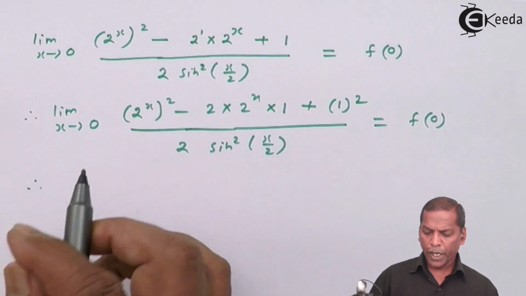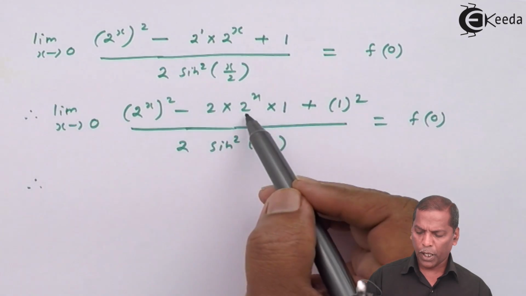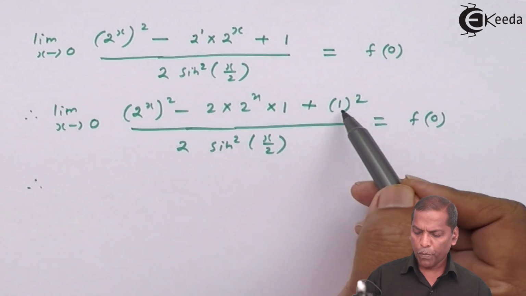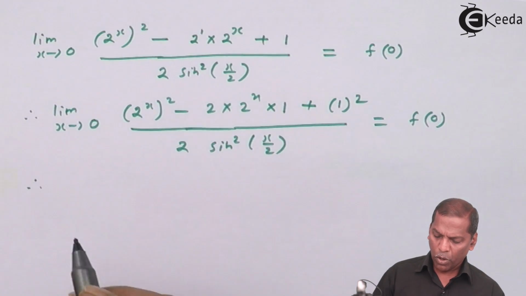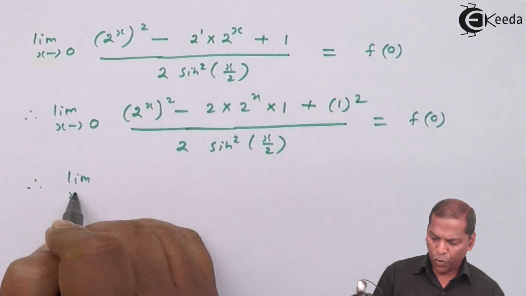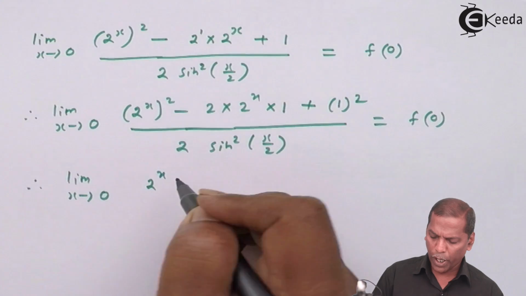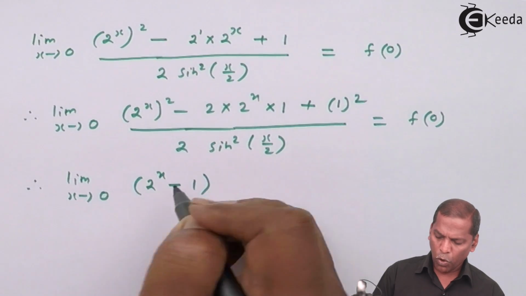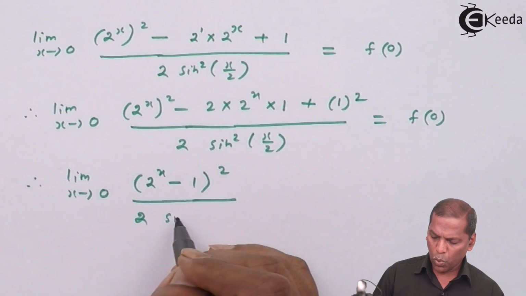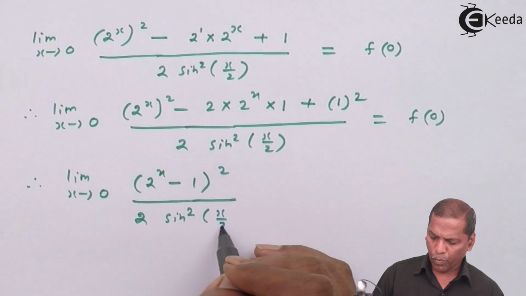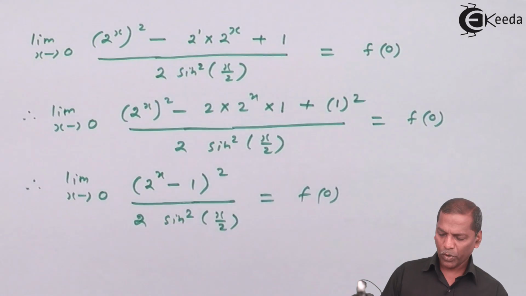Now here the numerator is of the type a square minus 2ab plus b square, which gives us (a minus b) the whole square. So therefore limit x tends to 0, the numerator gives us (2^x minus 1) whole square, upon 2 into sin square (x by 2), is equal to f of 0.